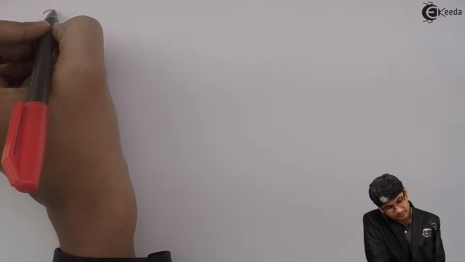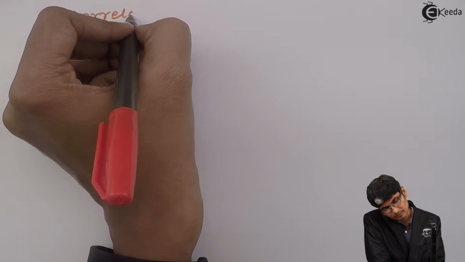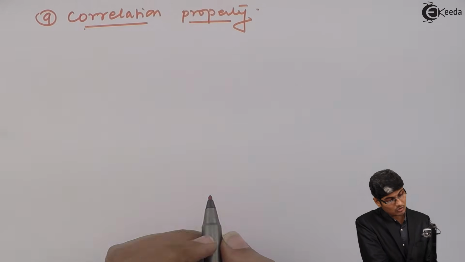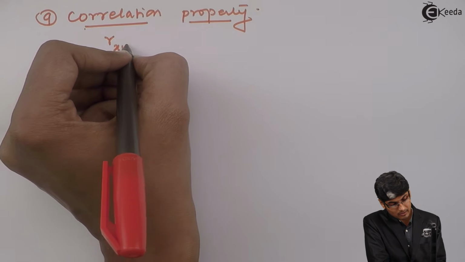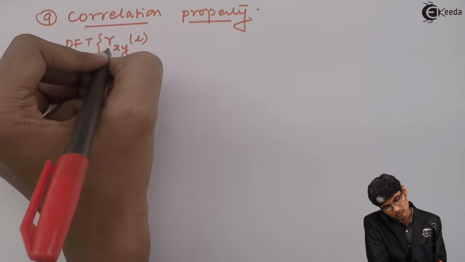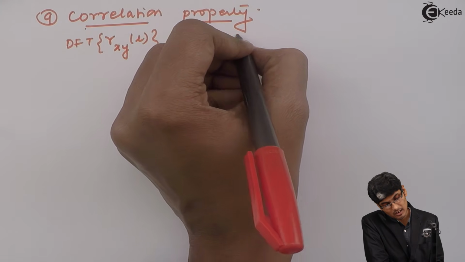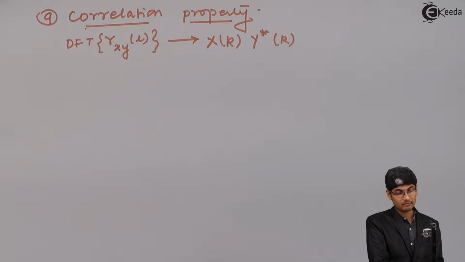So this is the eighth property of DFT. Now let us go to the ninth property of DFT, which is the correlation property. The correlation property says that the DFT of the correlation r x y of l is nothing but X of k times Y conjugate of k.